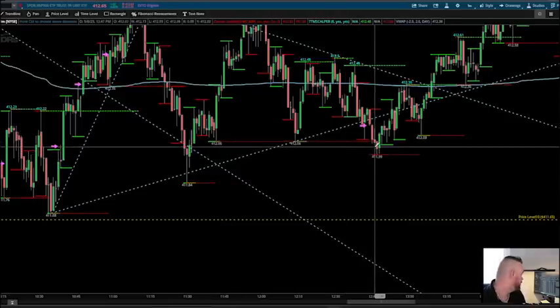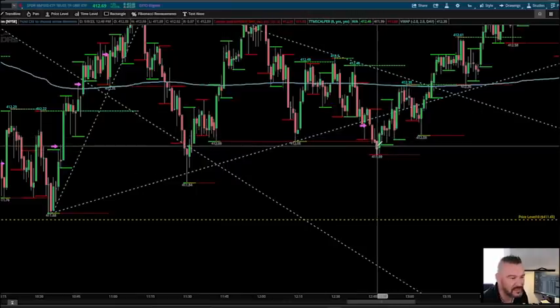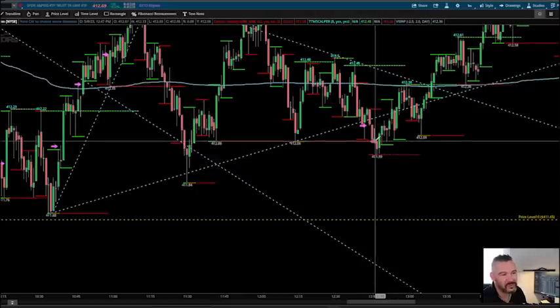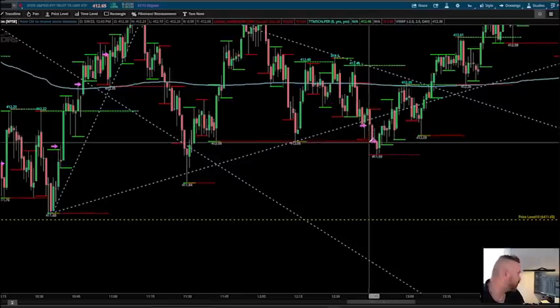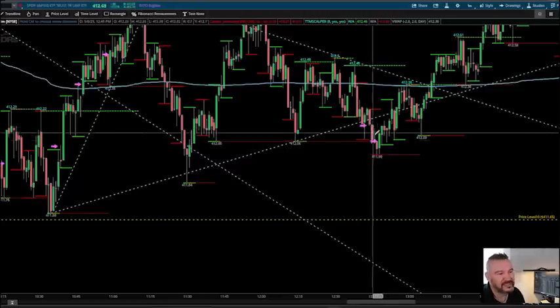I exited at 49 exactly on the candle when it started to go green, as it broke up, creating a new high. That's where I exited. This little trade gave me a little bit less than 10%.